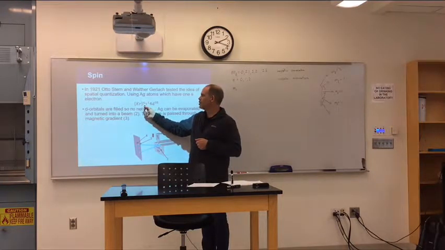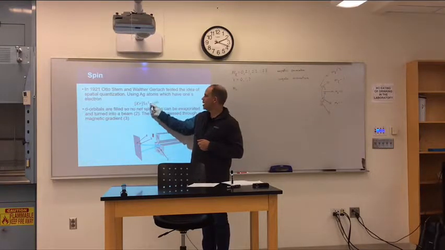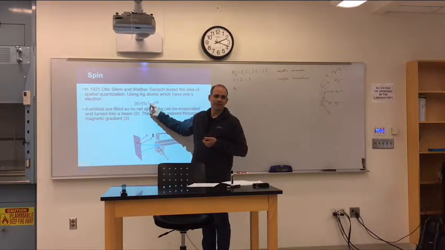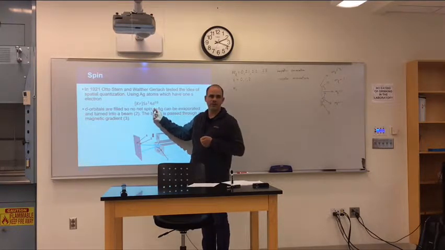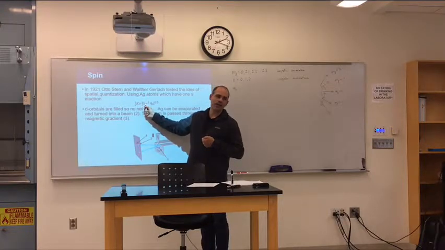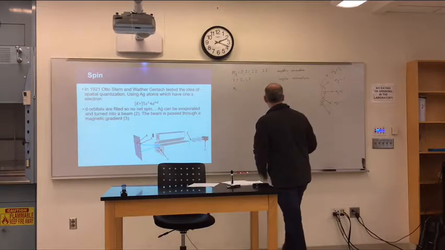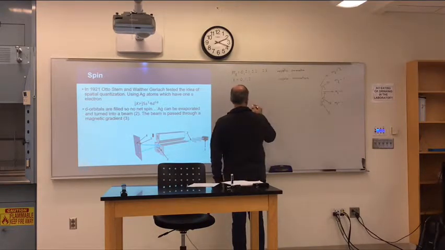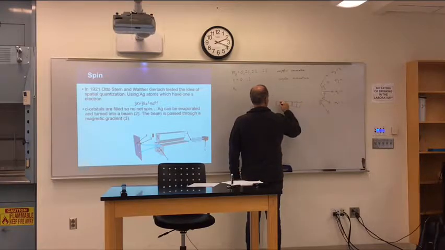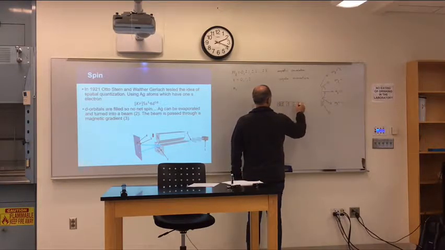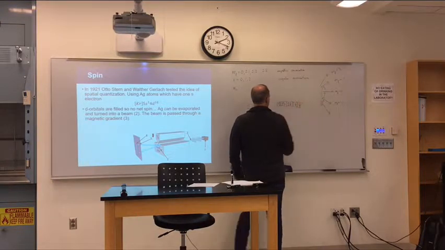Normally you would expect silver to be 5s2, 4d9, but by promoting an electron from the 5s to the 4d, you close the shell, it becomes more stable, and then you have a single electron in the 5s. So your electronic arrangement in your valence shell ends up looking like that.